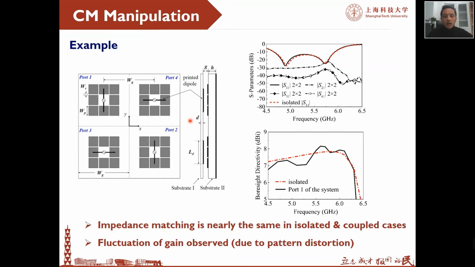And we did a simulation to see this. When we only have one antenna, which is the electrical dipole excited metasurface for wideband application, we have the red dashed curve here. This is the isolated single antenna.